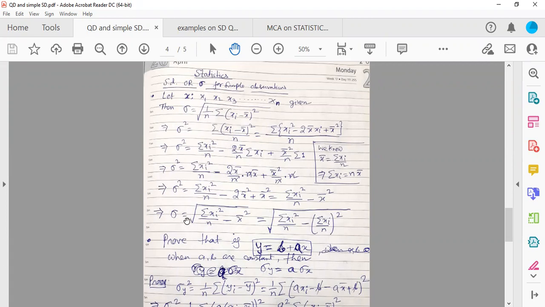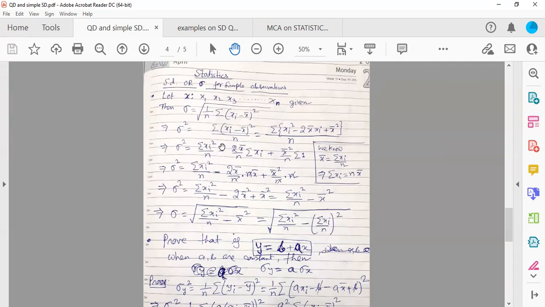So if there is an example of standard deviation, first of all you have to find the arithmetic mean. In short form, sigma is equal to square root of summation x square by n minus x bar whole square, or sometimes x bar can be represented by summation x by n, the whole square.